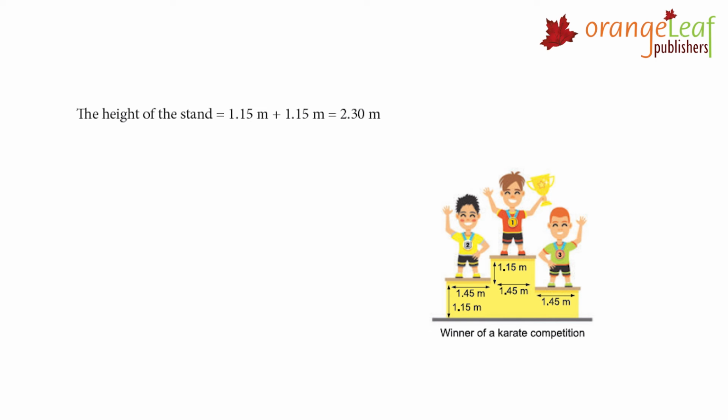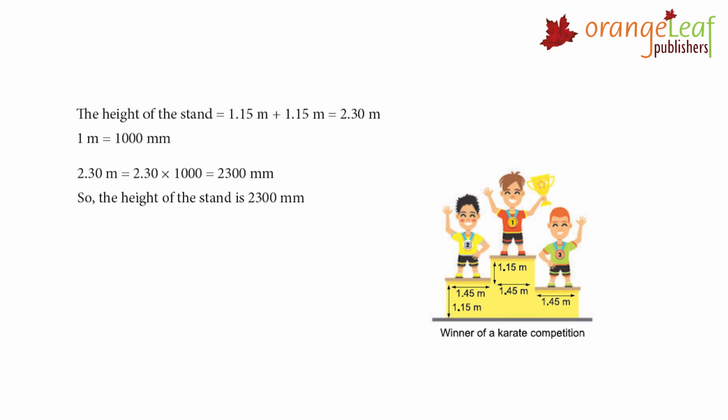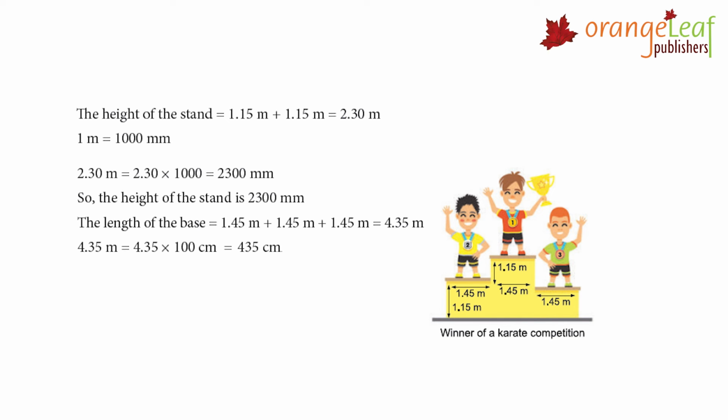Now we know that 1 meter is equal to 1000 millimeters. So 2.30 meters into 1000 is 2300 millimeters. Now let's find the length of the base, which is 1.45 plus 1.45 plus 1.45 meters, which is 4.35 meters. To convert this into centimeters, we must multiply 4.35 meters into 100. Makes it 435 centimeters. So the length of the base of the stand is 435 centimeters.